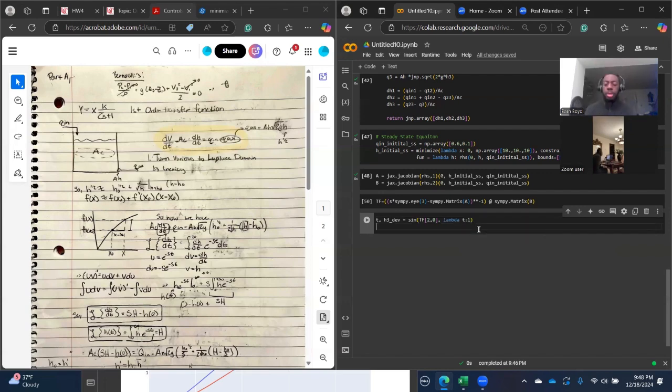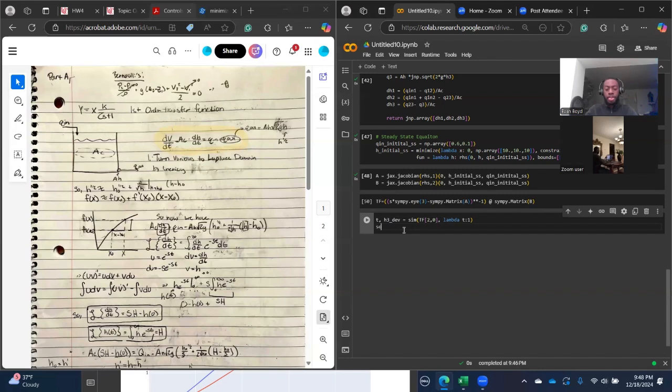So now let's start our solver. This is giving us our time and our height, and we'll be simulating from our transfer function, and our lambda is saying our time would be intervals of 1 for our solver.